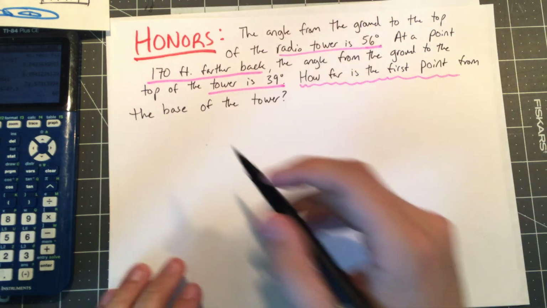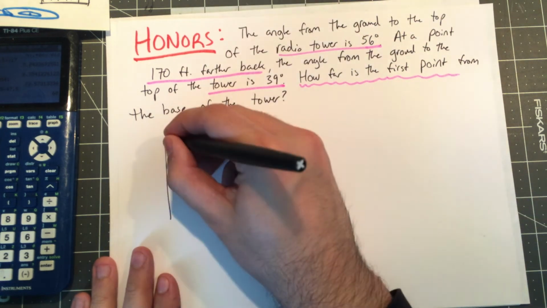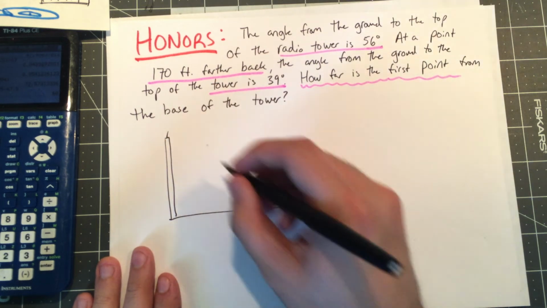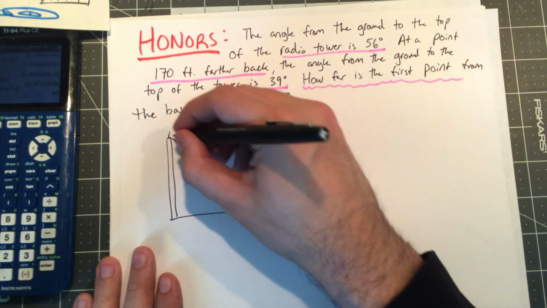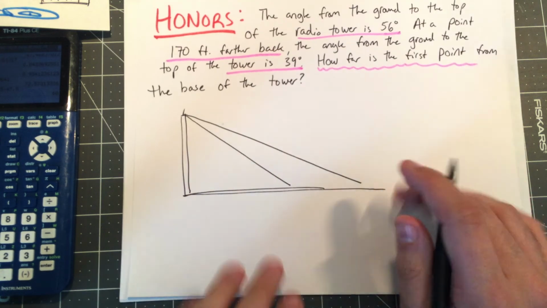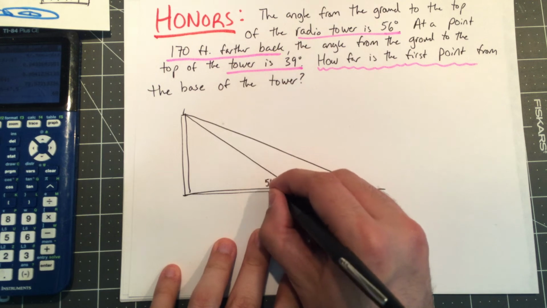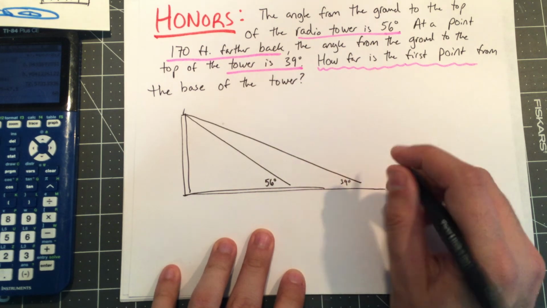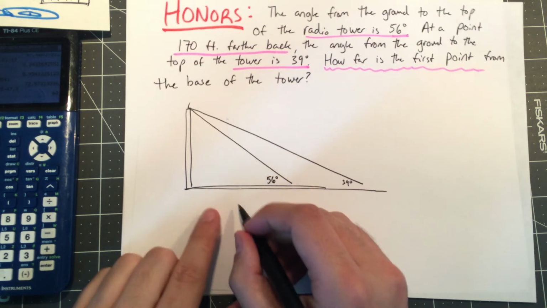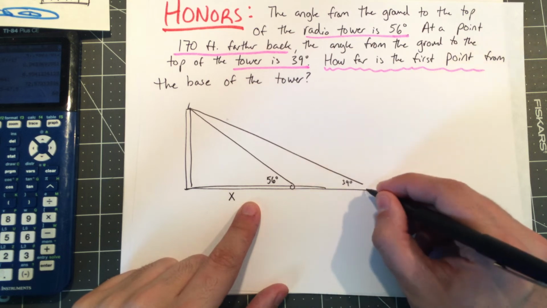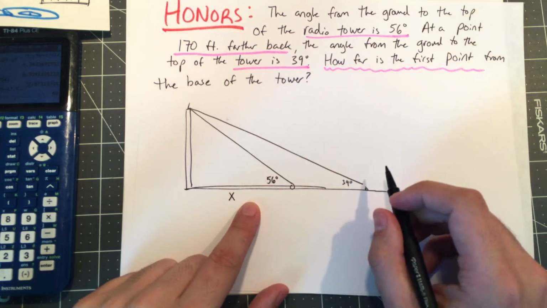Okay, well, I'm going to draw a very simple diagram. There's my tower. I have 2 different distances away. I have one that is 56 degrees away, and I have another that's 39 degrees away. I don't know how far away that point is from the tower.